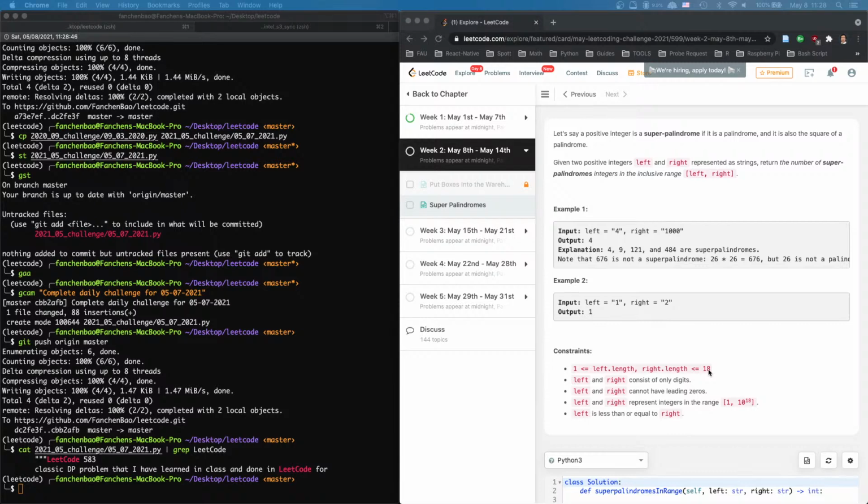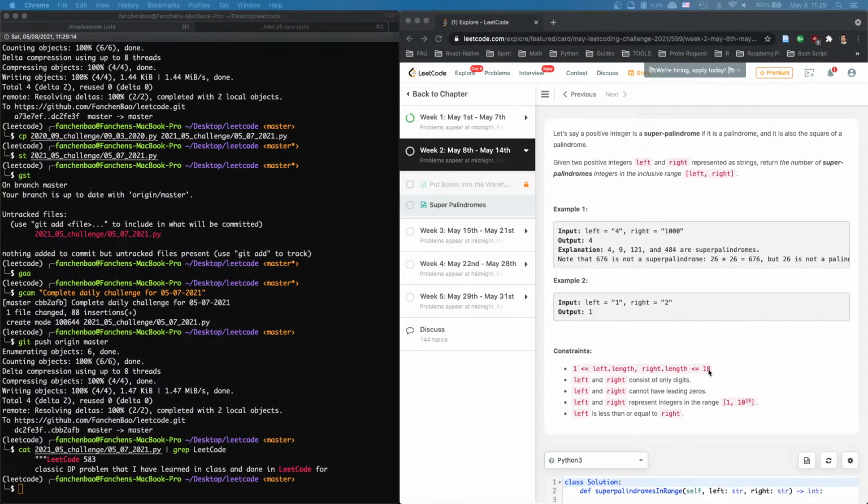There are a lot. But palindromes, right? The 1-digit palindromes are 1 to 9. The 2-digit palindromes are 11, 22, 33, 44, all the way to 99. Now these are set in stone.